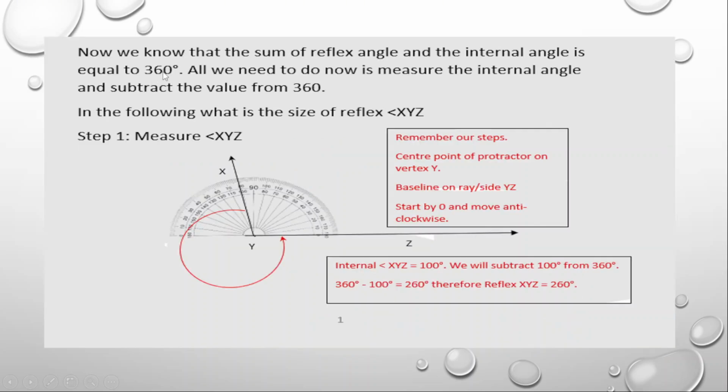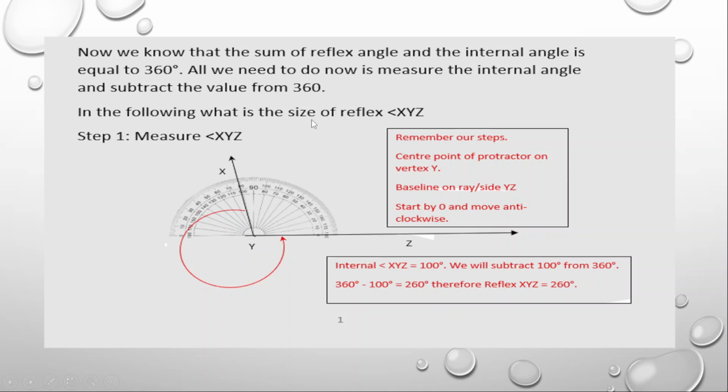Now we know that the sum of the reflex angle and the internal angle is equal to 360. All we need to do now is measure the internal angle and subtract that value from 360.